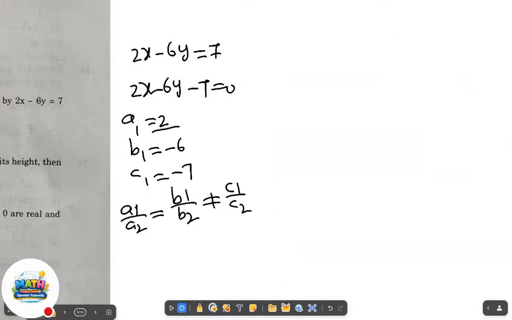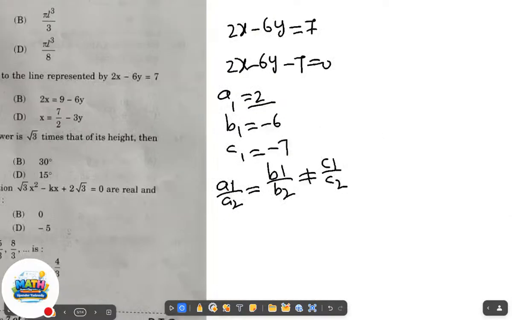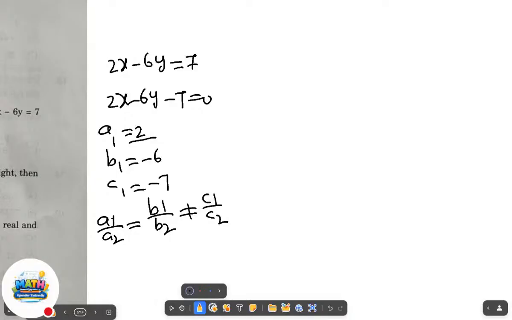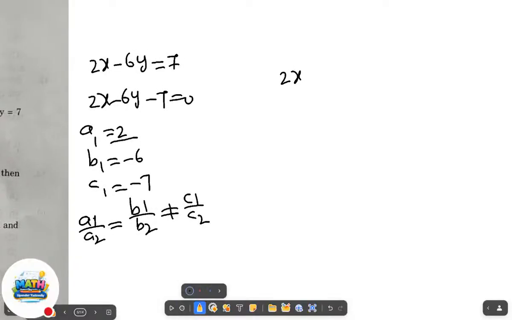Let's take the second option: 2x equals 9 minus 6y. Write this in standard form, bringing all the right side terms to the left side. It becomes 2x plus 6y minus 9 equals 0.